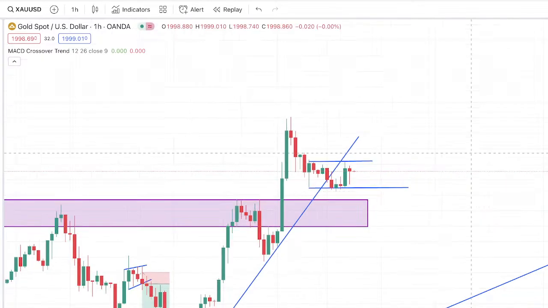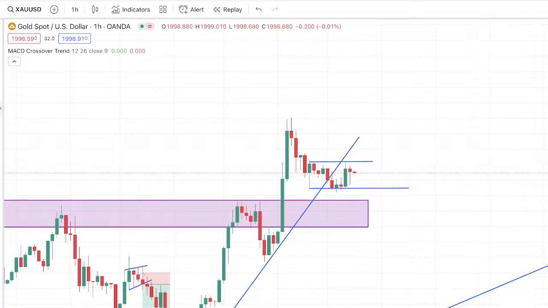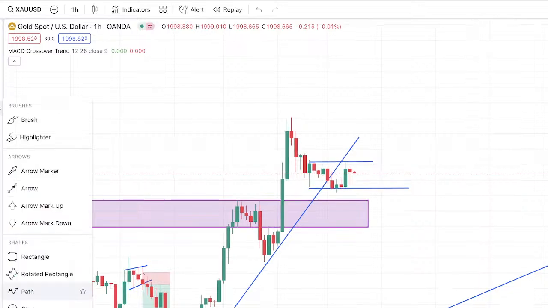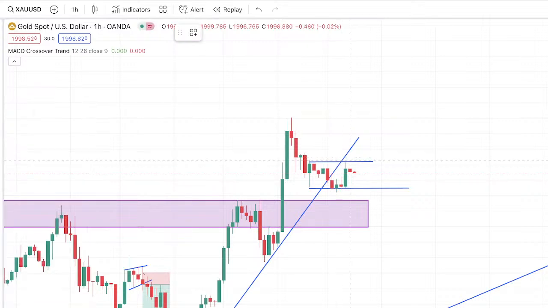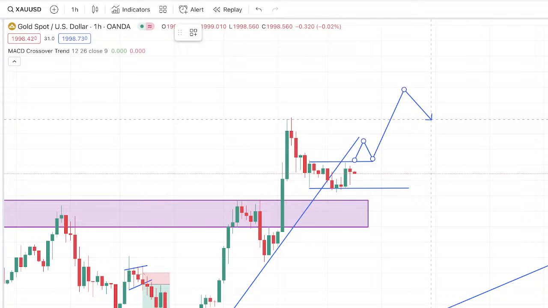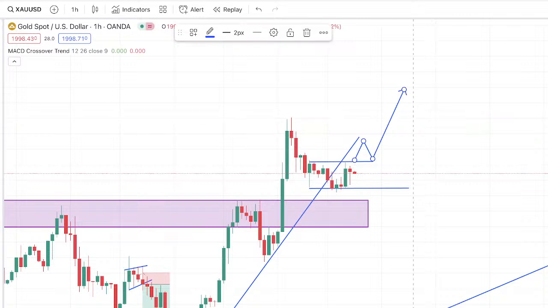So either two things are going to happen: price is going to go up, retest the area, and then continue up, or, let me take a moment here.